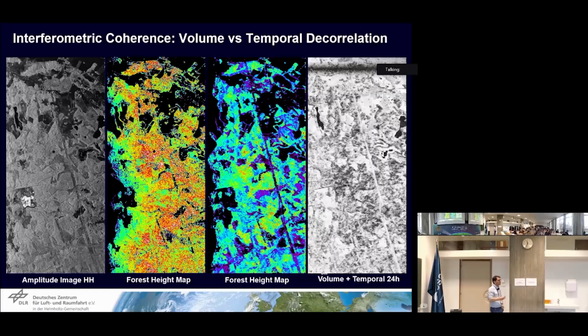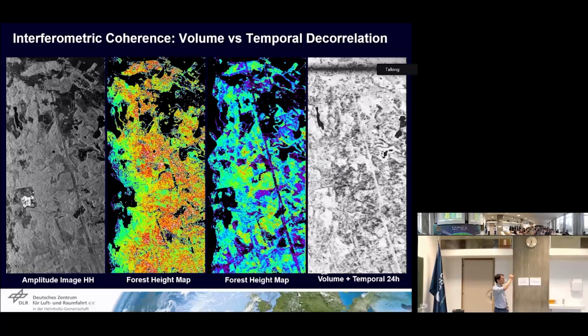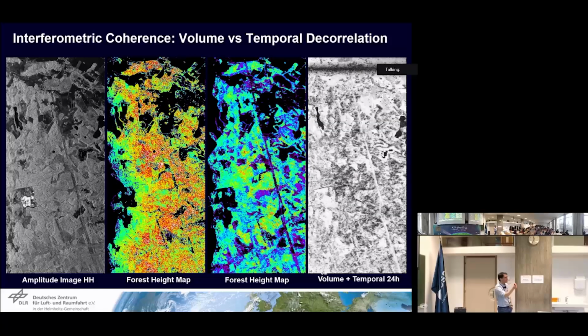It's not a problem of adding a standard deviation, of being inaccurate. It's just that the smaller stands become taller. Because temporal decorrelation, if you don't model it, is misinterpreted as volume decorrelation.